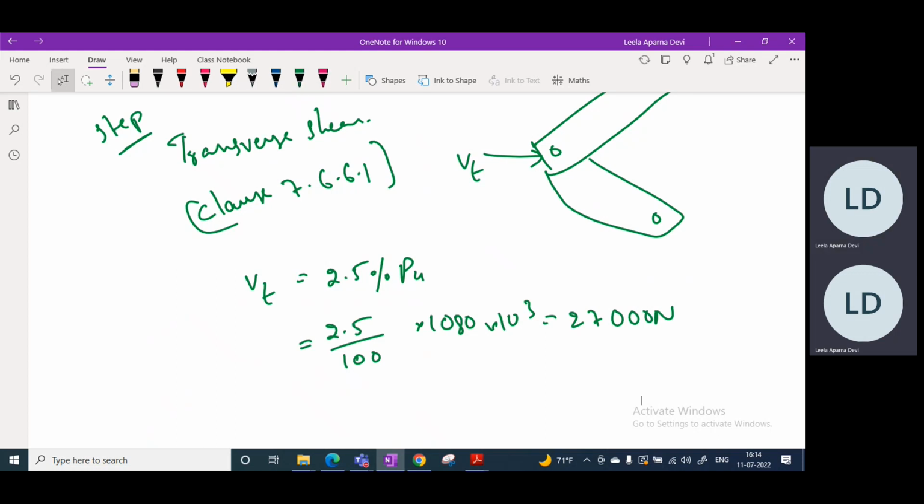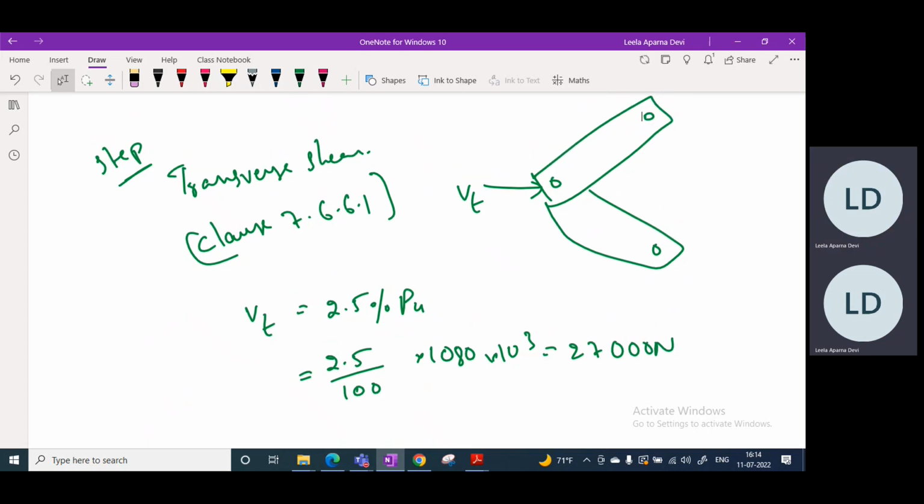So now F sine theta. In this figure, if you want to calculate the forces, axial forces will be there. This force we know is Vt. We need to take this component, the axial force component, where this is our theta. So this component will be F sine theta.